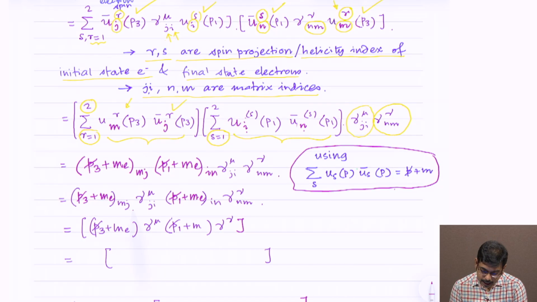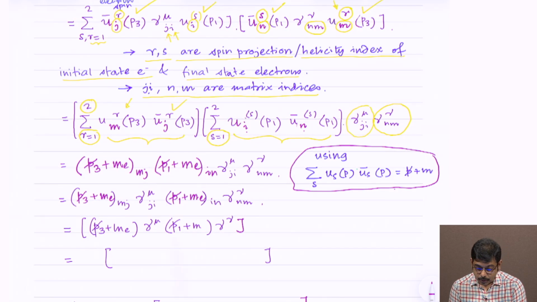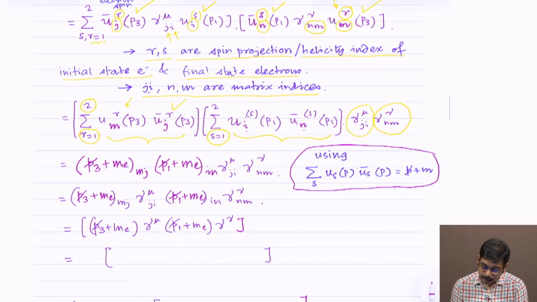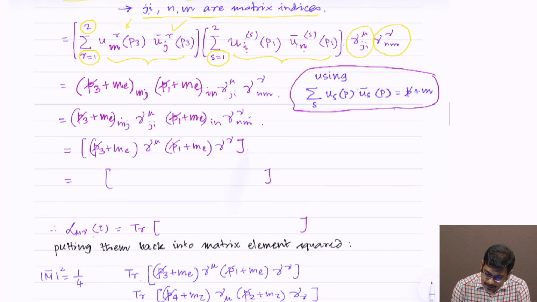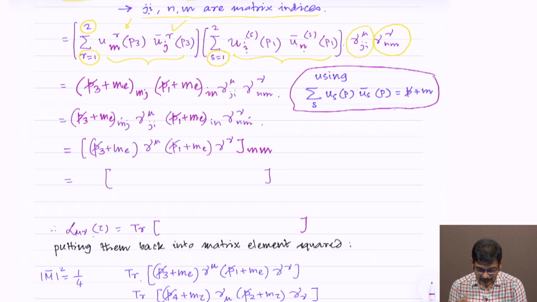You see that this j index is being summed over, i index is being summed over, n index is being summed over. So this is essentially P3 slash plus m e into gamma mu into P1 slash plus m e into gamma nu, and the leftover components are m and m. So this is the m m component, correct. Now, these m components are the same, so it is a repeated index which is summed over, right.